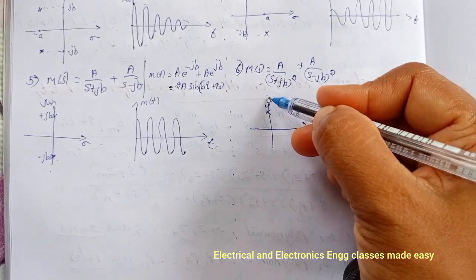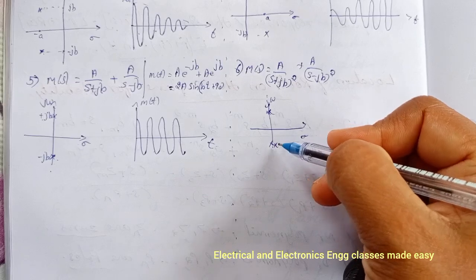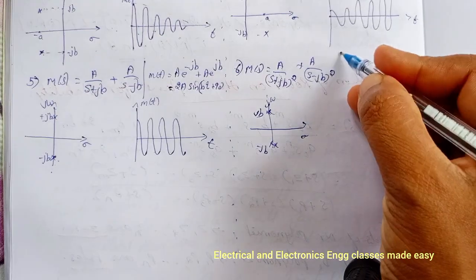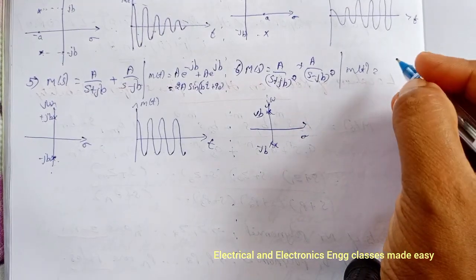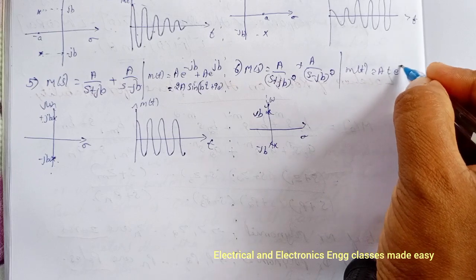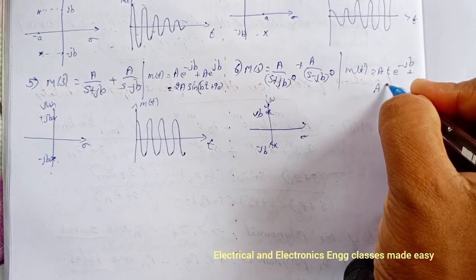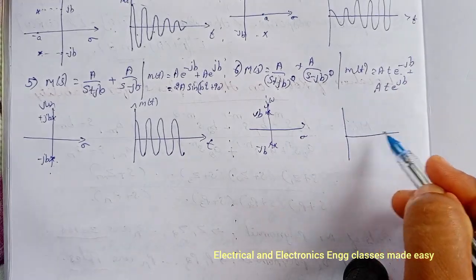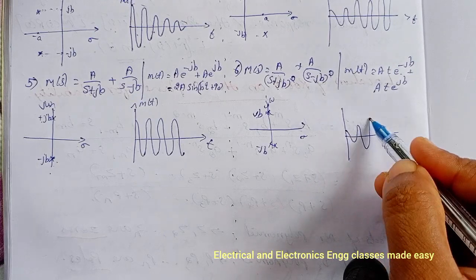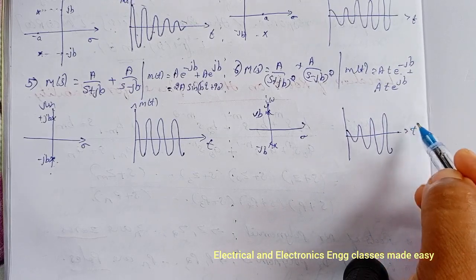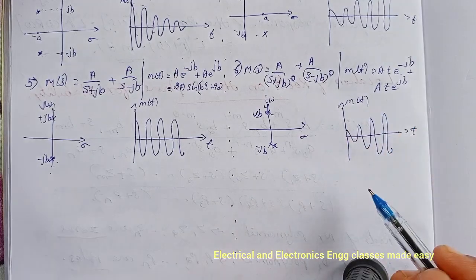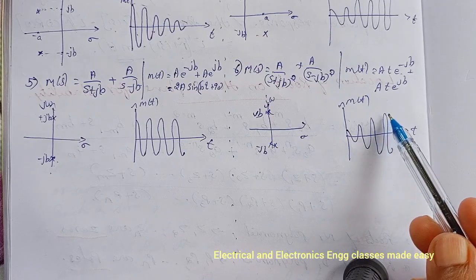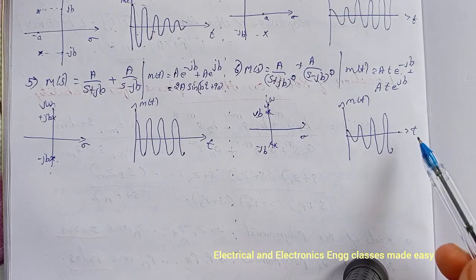So double pair of roots here, this is jb, this is minus jb, and the response is m of t equal to a into t e raised to minus jbt plus a into t e raised to plus jbt, and the response is like this, that is t, m of t. So this response is linearly increasing sinusoidal, that is, the amplitude of oscillations linearly increases with time.